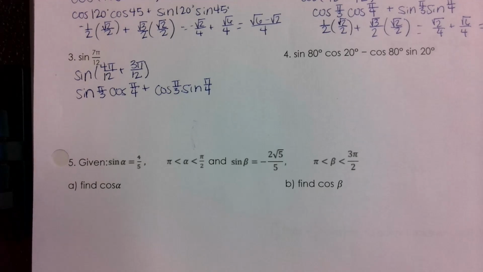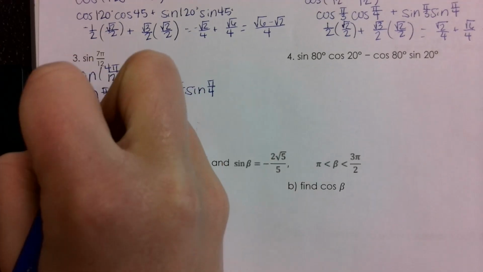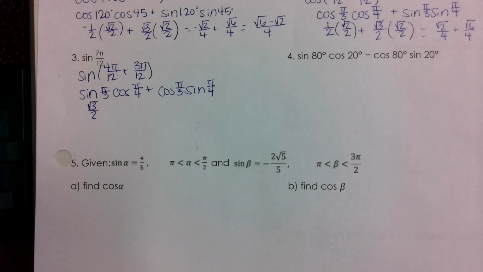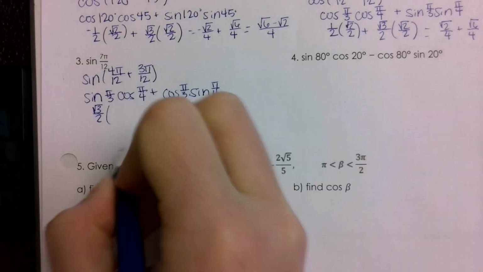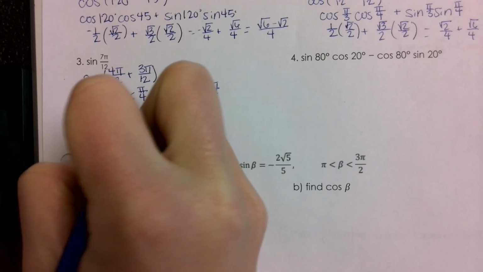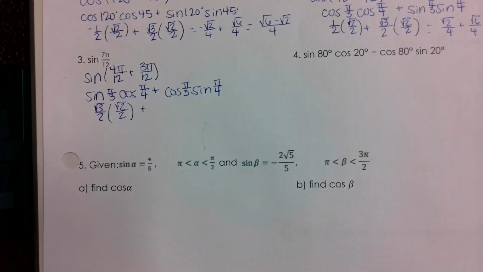Dylan, what's sine of pi over 3? Square root 3 over 2. Sarah, what's cosine of pi over 4? Square root 2 over 2, plus. Heather, what's cosine of pi over 3?